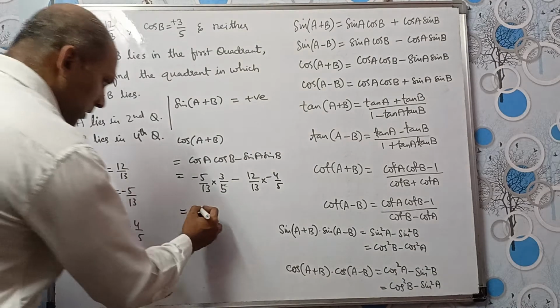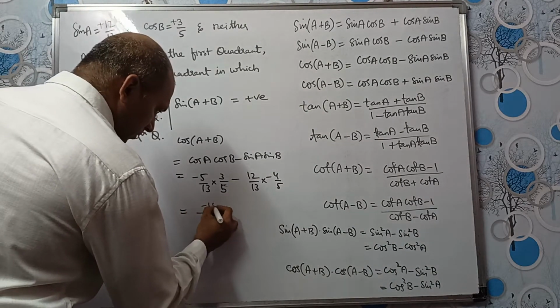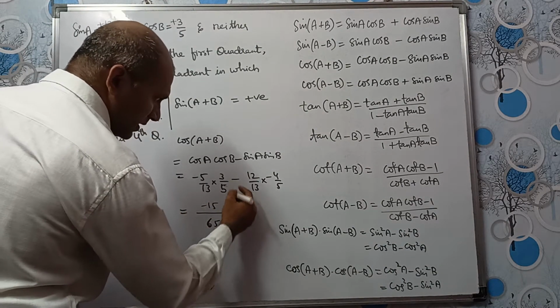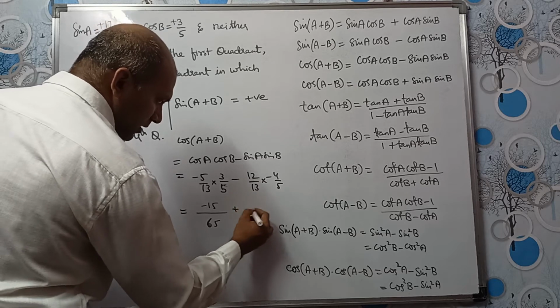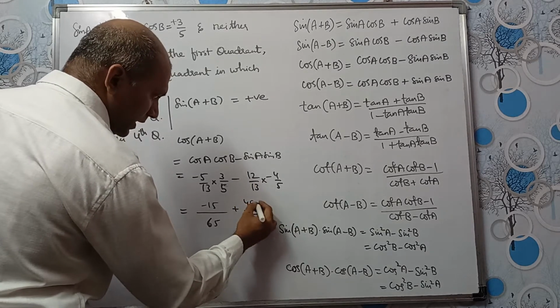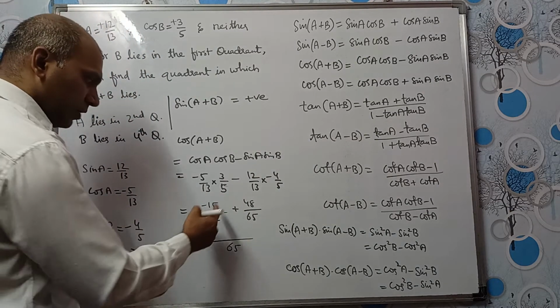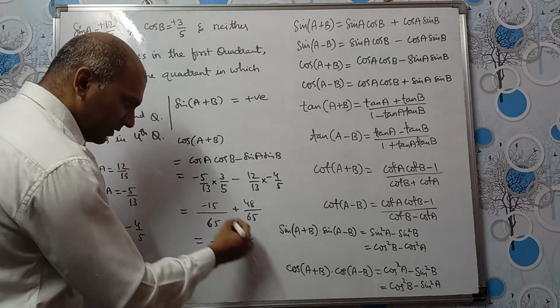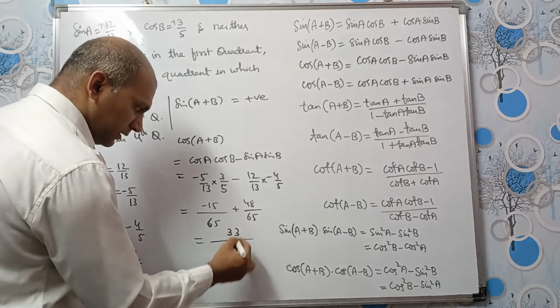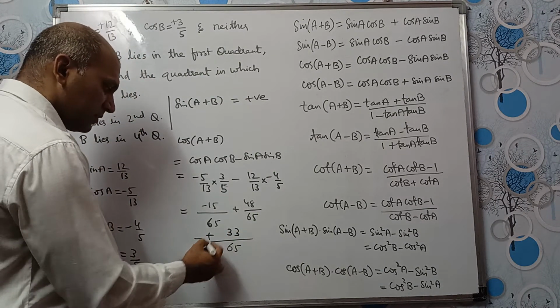Okay. So this is minus 15 by 65, this is plus, minus into minus plus 48 by 65. So this will be equal to how much now? 48 minus 15, so 33 by 65. So this is also positive.